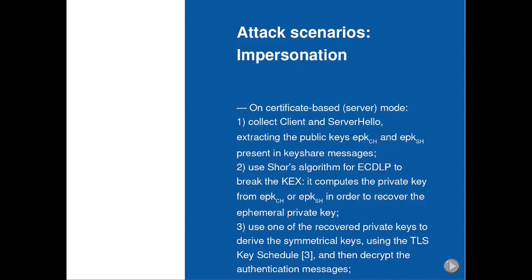Now, if the threat actor wants to impersonate, then on the first TLS mode, which is the certificate-based, first, it collects the client-server hello, extracting the public keys, then uses Shor's algorithm for the elliptic curves to break the key exchange.